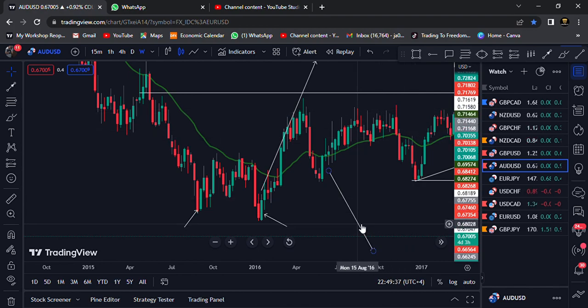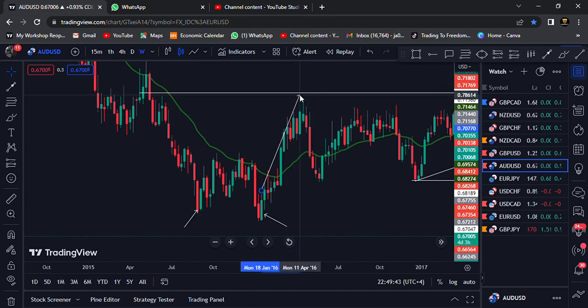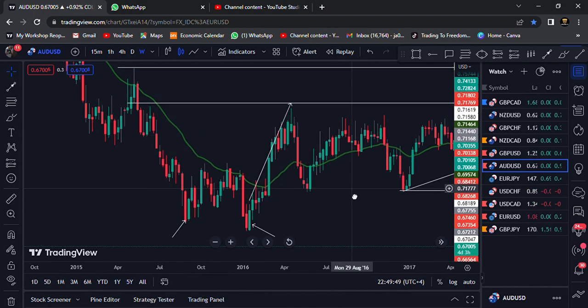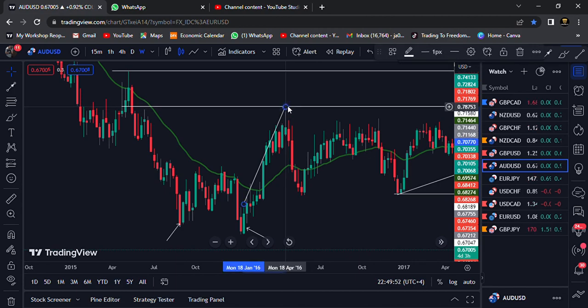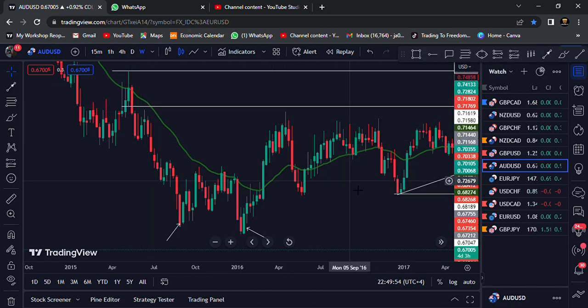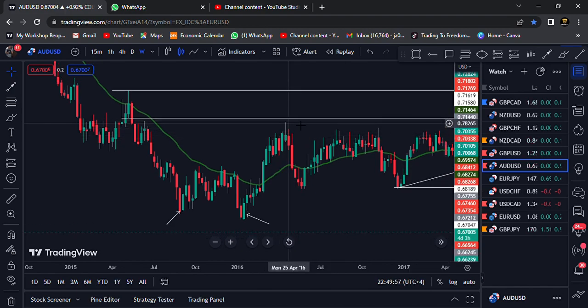So to be on the safe side, you better take your profit here, because most often the price will reach this level before going back. Though this one didn't reach, it makes sense, guys, that you always take your profit here, and then you reanalyze if price is going to come back and hit this area, it will hit and then give you either a sell signal or a continuation buy signal, which I still advise. Even if you see a buy signal inside or a sell signal inside here, you better don't trade.